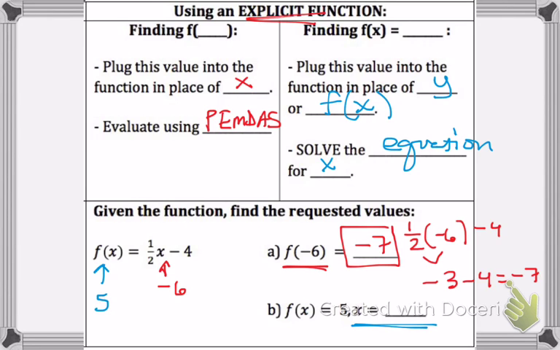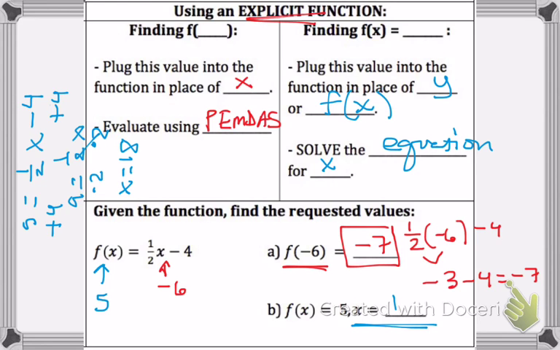I'm running out of space, so I'll do this over here: 5 equals 1/2 x minus 4. First step is to bring the 4 over, and I get 9 equals 1/2 x. Then if I multiply by 2, that cancels, and I get x equals 18. So that will be an 18 as my answer.